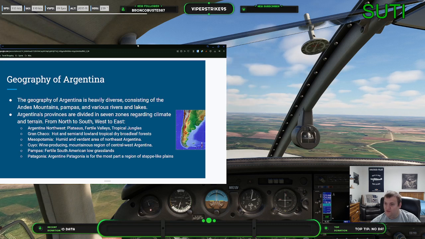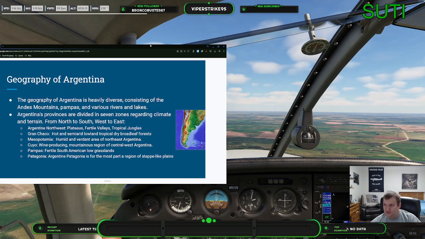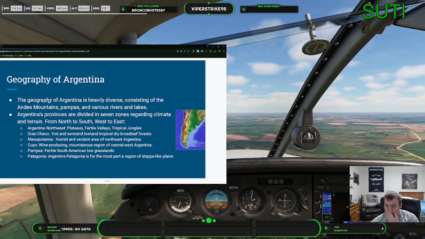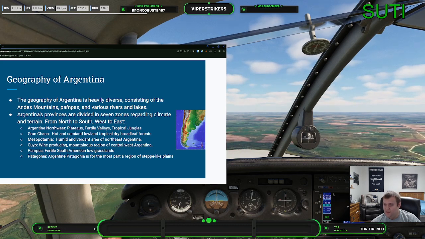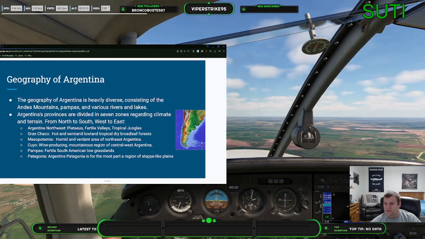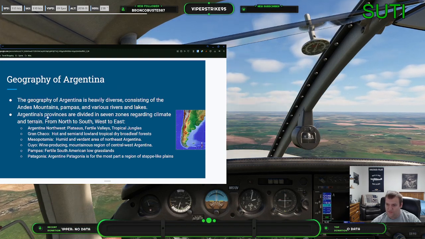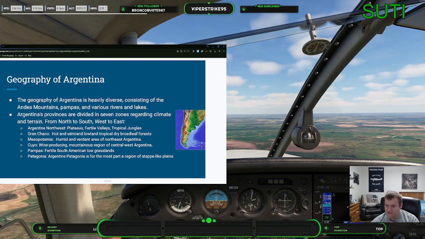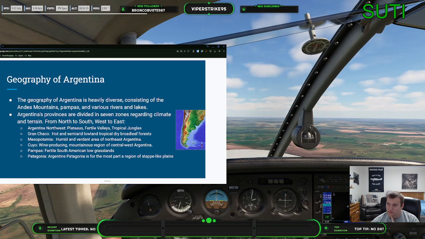So for each of these regions, the Argentine Northwest has different biomes, including high mountains of the Andes, fertile valleys, red rock canyons, and humid sub-Andean sierras. That's what makes up the northwest part of Argentina.